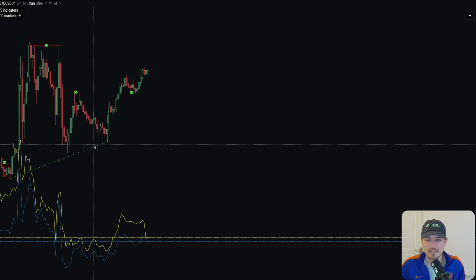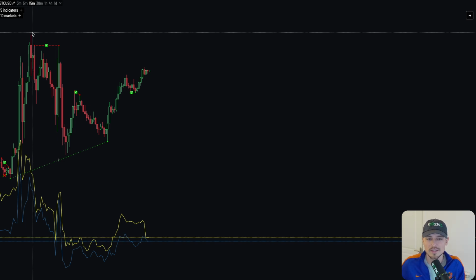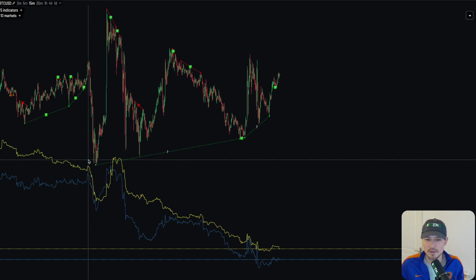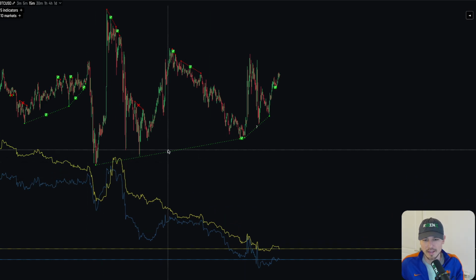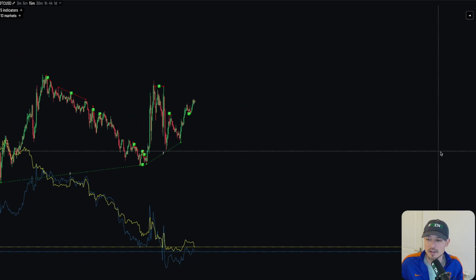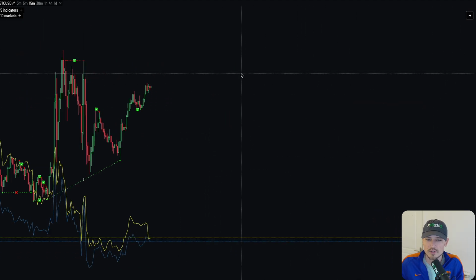The target for this CVD would be taking out the high here at 106.8k, 106.9k. The moment that divergence plays out, we have to be aware of the bigger bullish CVD divergences that are still active, with the target being the all-time high. Now, more local CVD divergences are always going to be the most important CVDs.